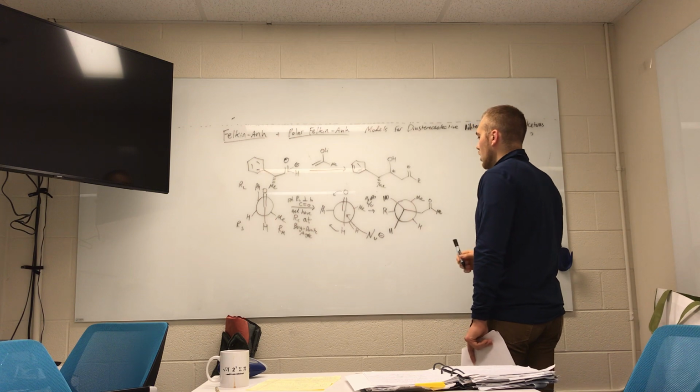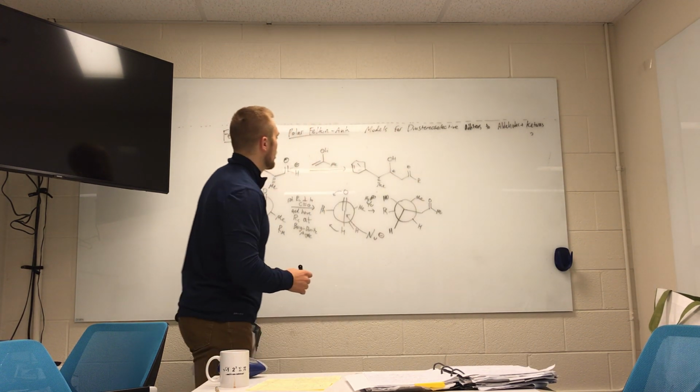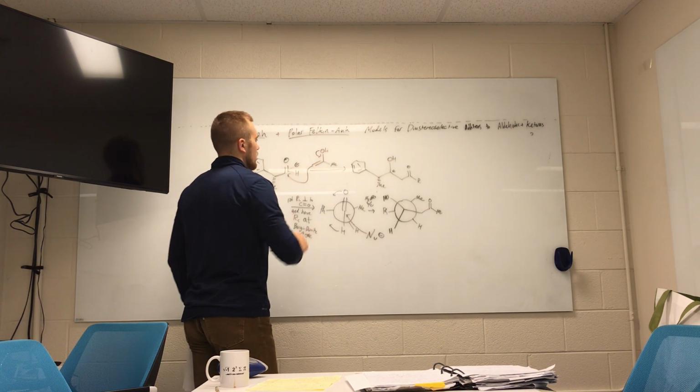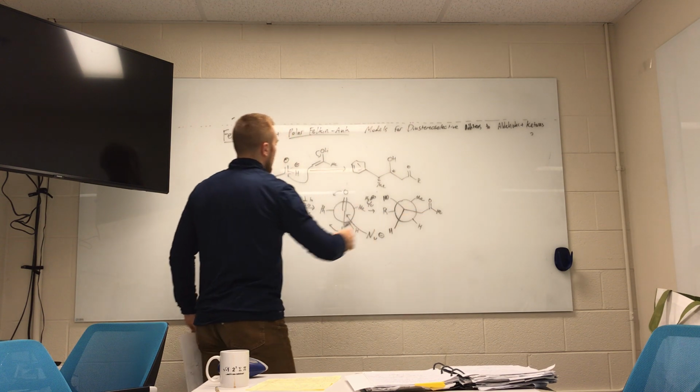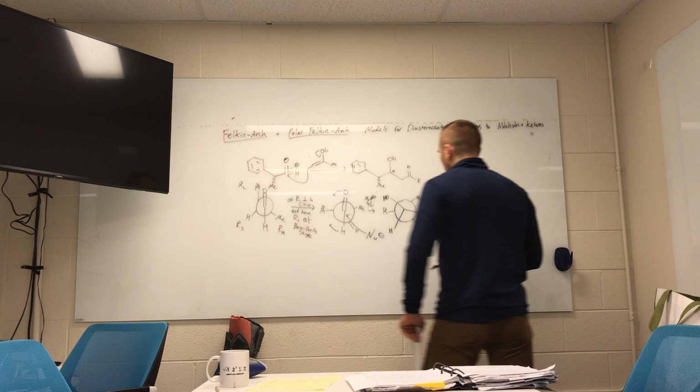So that's what our nucleophile is going to look like, because remember, this enolate will reform its carbonyl, and then the pi system will act as the nucleophile at the aldehyde.